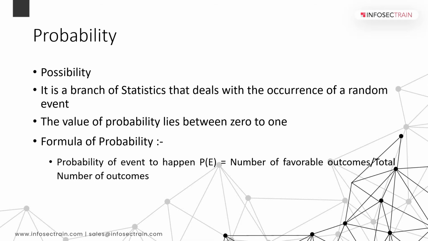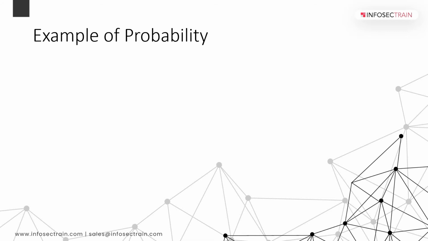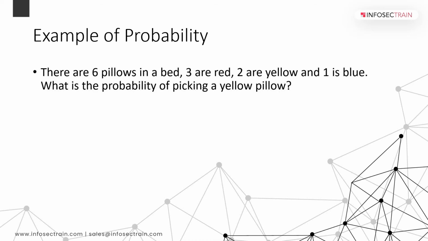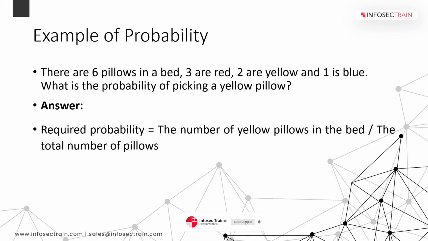Now let's take another example of probability for simplification. If there are 6 pillows on a bed, the required probability is the number of yellow pillows on the bed divided by the total number of pillows.